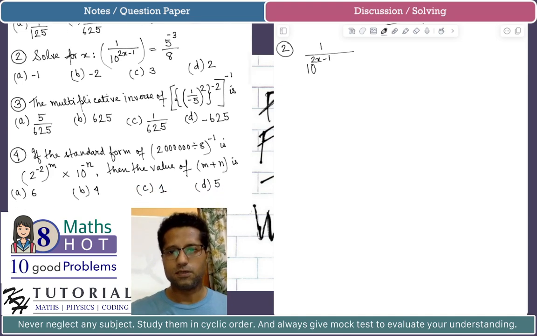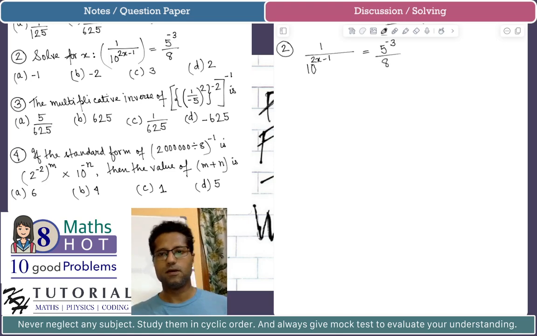Okay, so this is equal to 5 raised to the power minus 3 divided by 8.